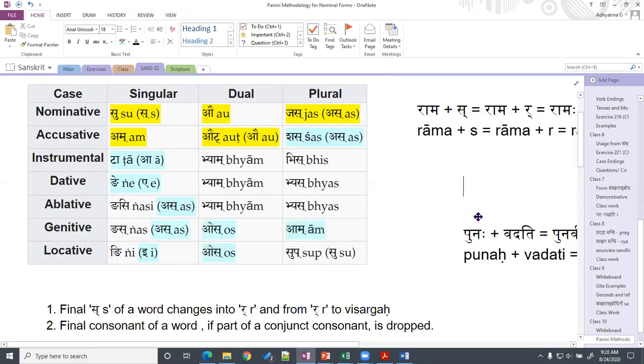So how many are starting with a vowel? 1, 2, 3, 4, 5, 6, 7, 8, 9. So 9 are with vowels, and the remaining ones, out of the other 5, we remember the first 5 are already marked separately. Then 1, 2, 3, 4, 5, 6, 7. 7 are with consonants.